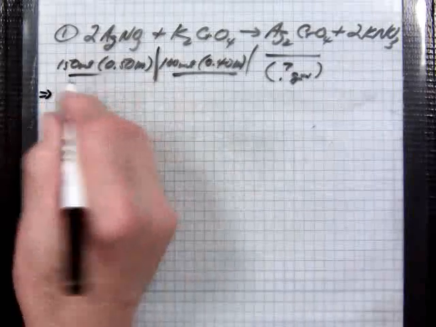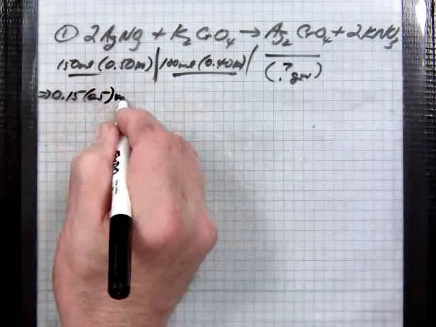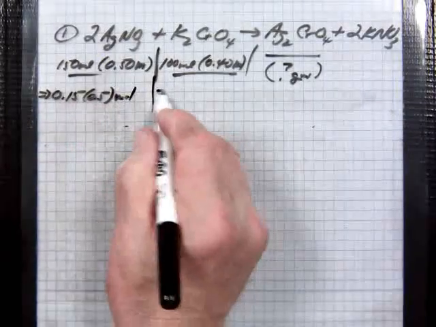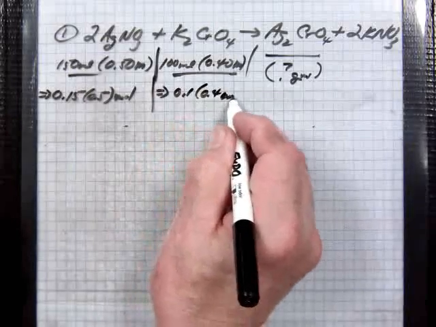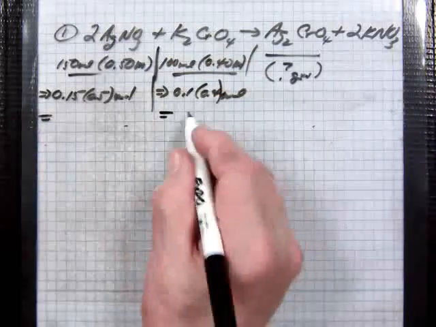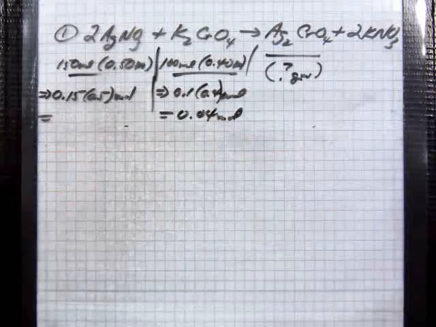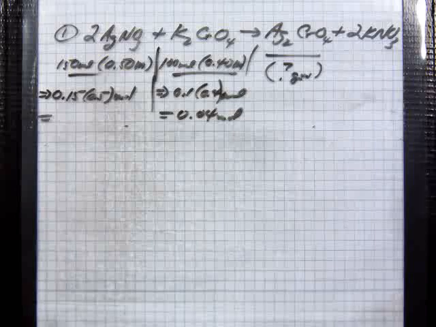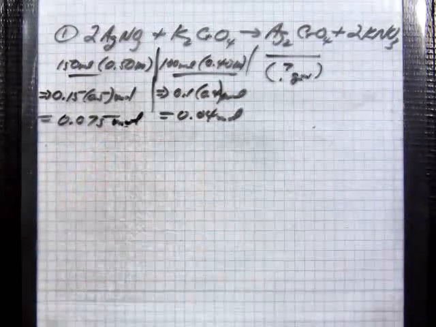So this is 0.15 times 0.5 mole over here, and that's also equal to 0.1 times 0.4 mole of the chromate. And so that's 0.04 mole and 0.075 mole, like this.